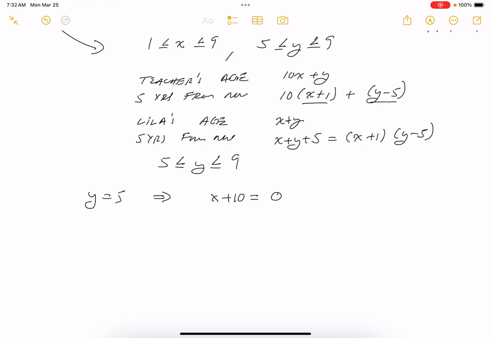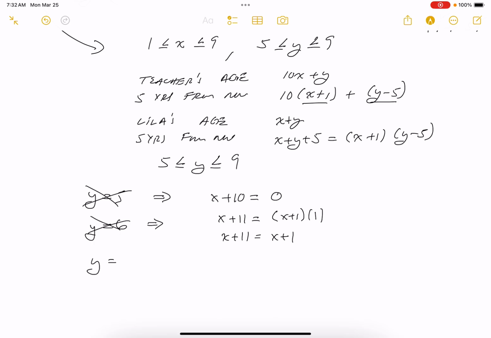That doesn't make sense if y is 5. Let's do another one. Let's do y is 6. What do you get there? X plus 11 equals x plus 1 times 1. That's a little figuring out there, isn't there? So it's x plus 11 equals x plus 1. And this has no solution either.